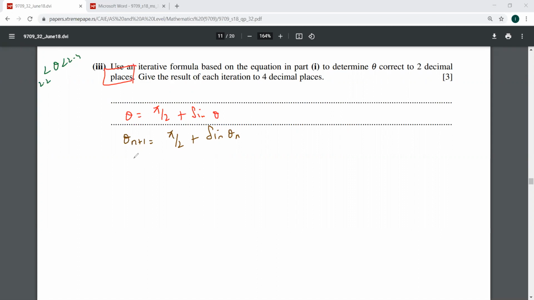When you have an iterative formula, you must be very clear about what is going to be your initial value. In the previous part you have shown that your theta is between 2.2 and 2.4. So you start with theta 1 as 2.2. For theta 2 you have to write pi by 2 plus sine, and you put this inside the brackets. Now please tell me, what is pi by 2 plus sine 2.2?